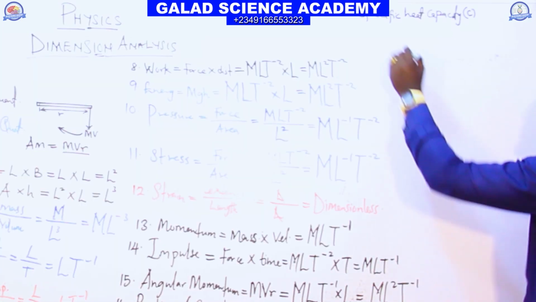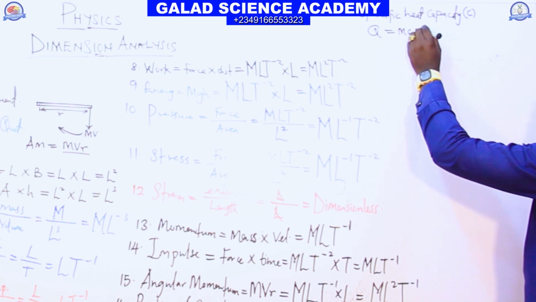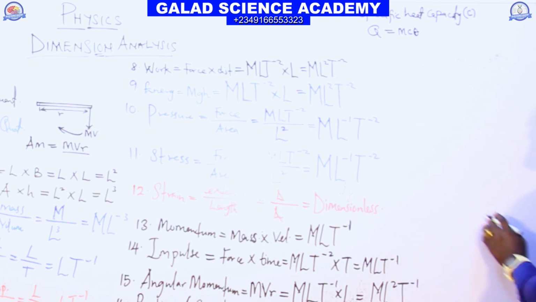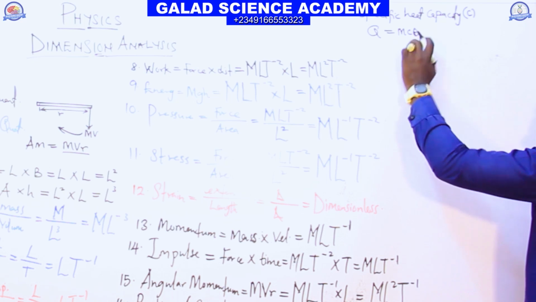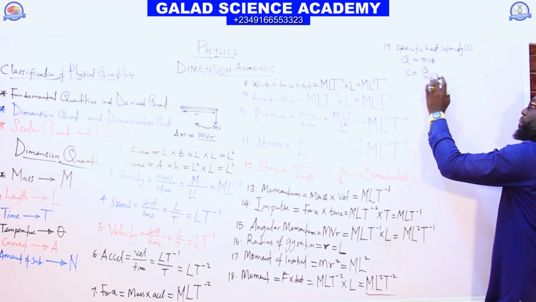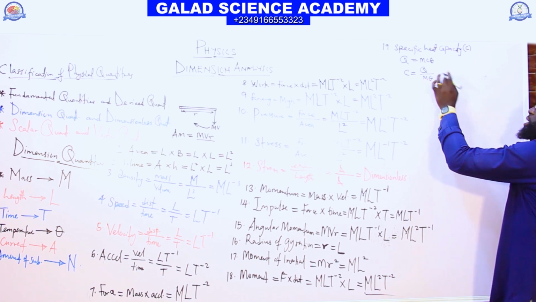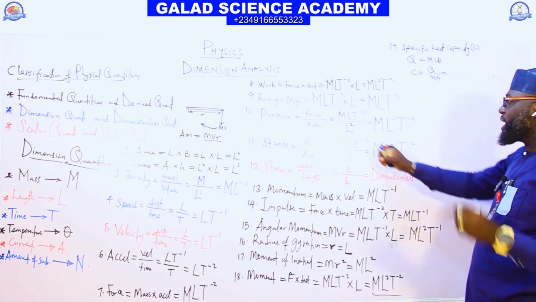To know the dimension, from Q equals mcθ, where c is the specific heat capacity, we make c the subject: c equals Q over mθ. And this Q here is energy.